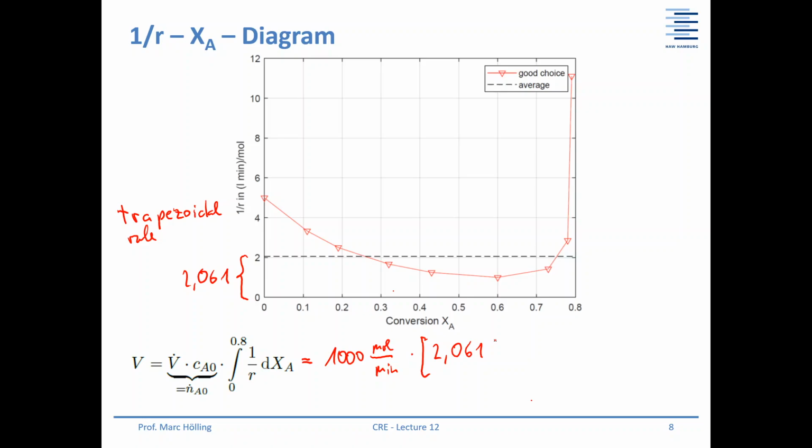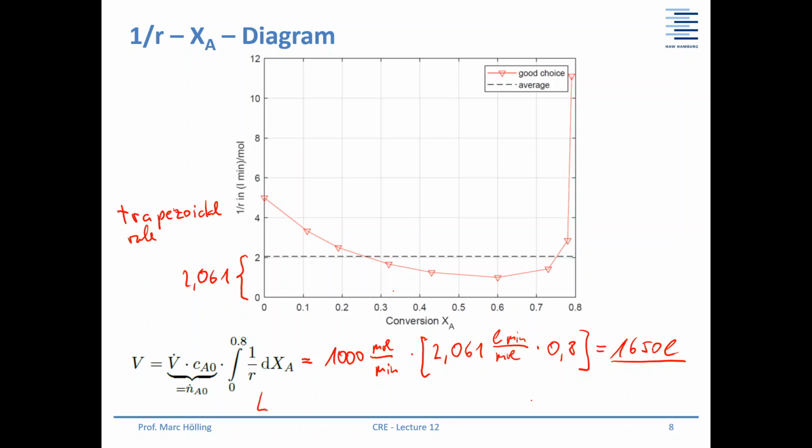The units are liter minute per mole, times the total conversion, this is 0.8, and then we will end up with a volume of 1650 liters. So this was just because I used my trapezoidal rule here with just a few values.